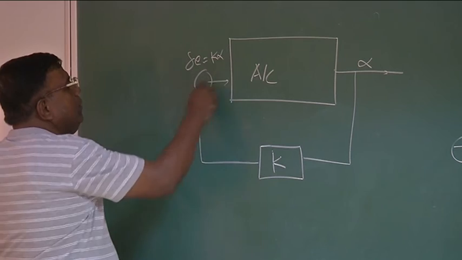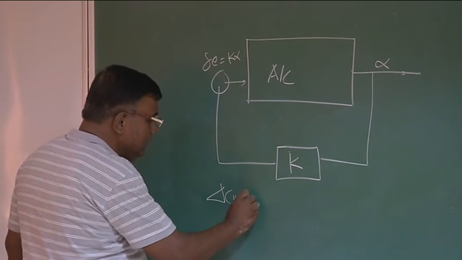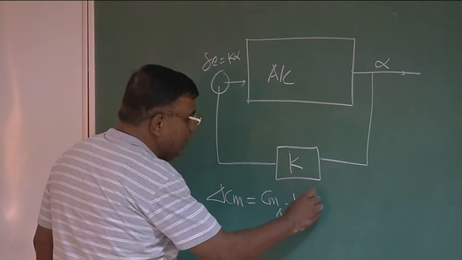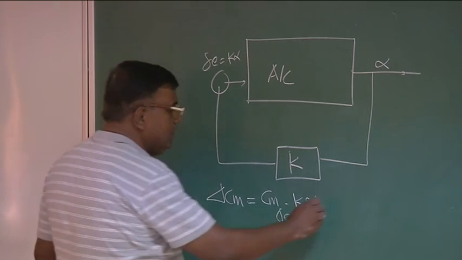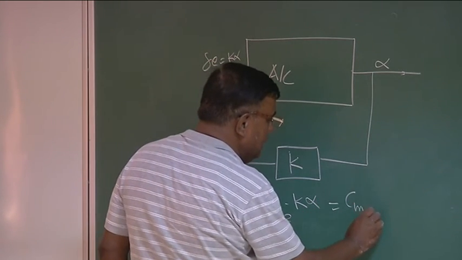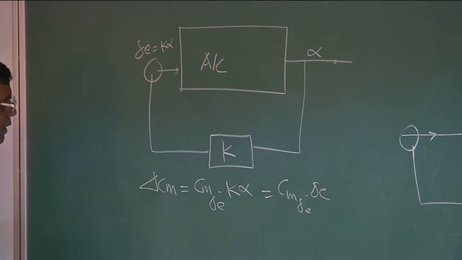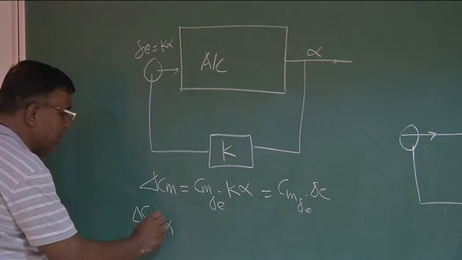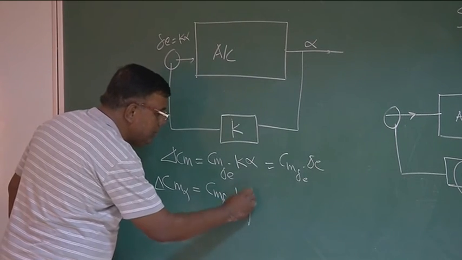That goes to the plant. So I write delta Cm equal to Cm delta E into K alpha, because it is Cm delta E into delta E, and delta E is K alpha. So delta Cm alpha will be Cm delta E into K.